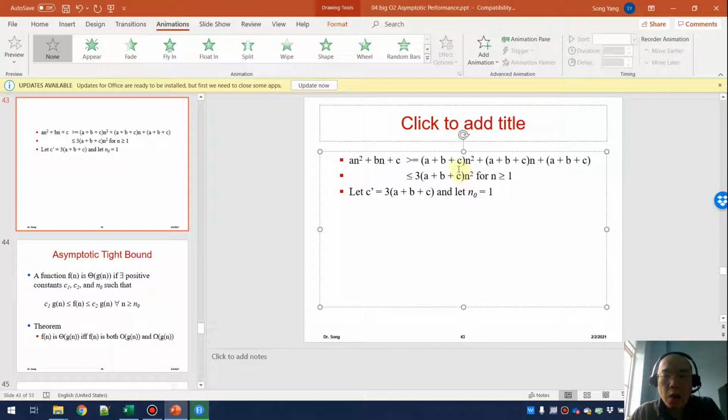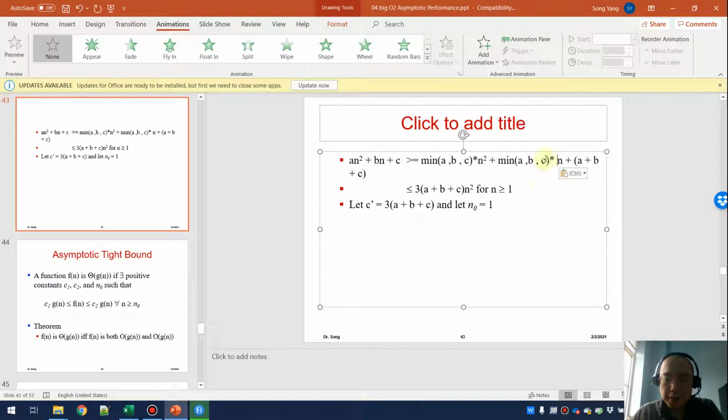And this time, instead of a plus b plus c, I use the min of a, b, c multiplied by n squared, n, and the min of a, b, c.